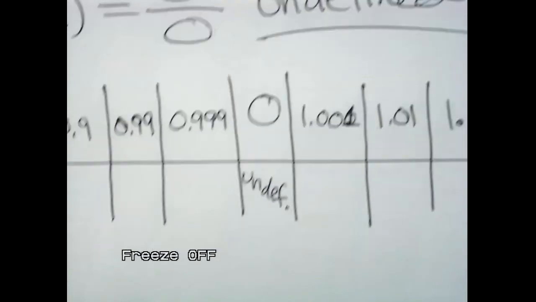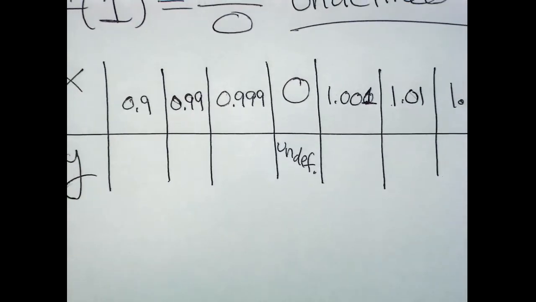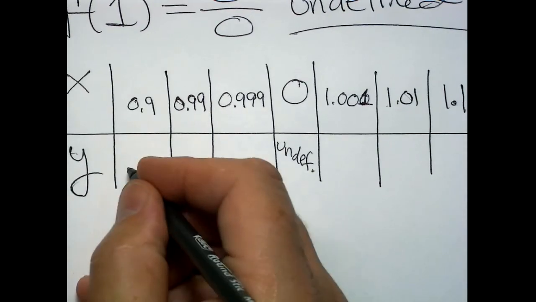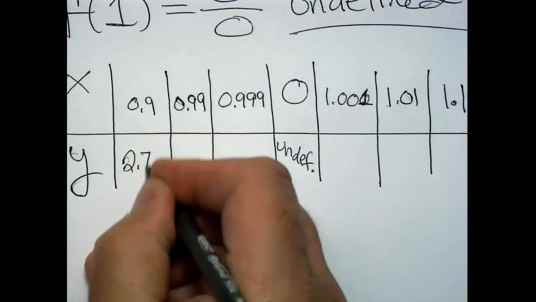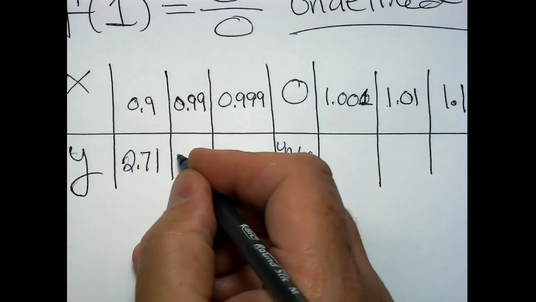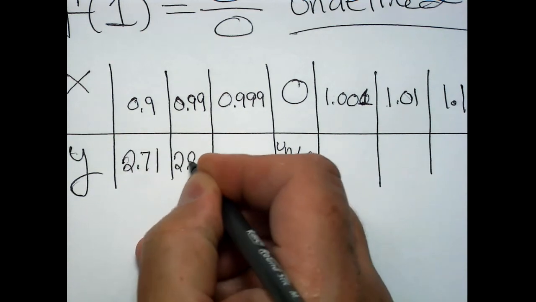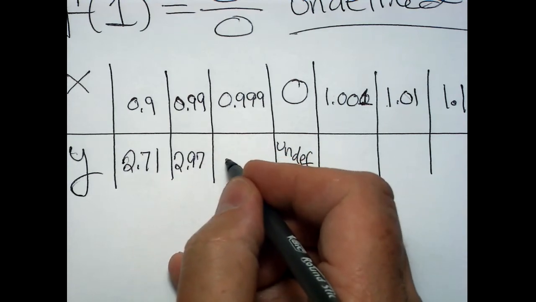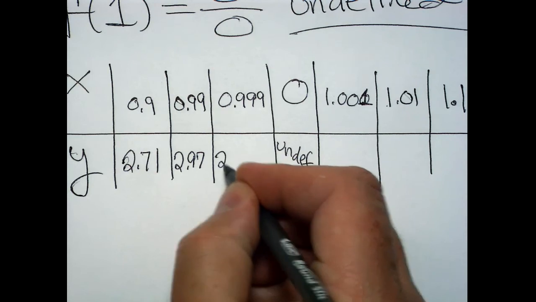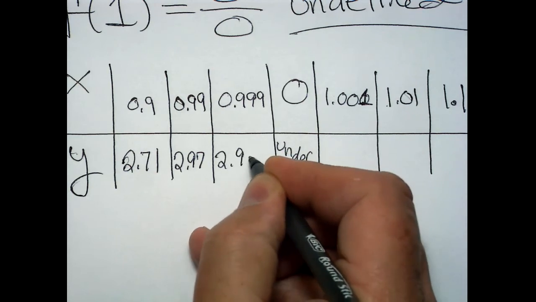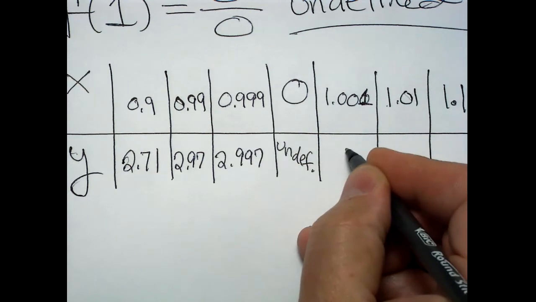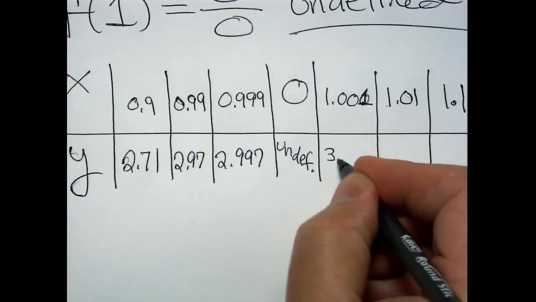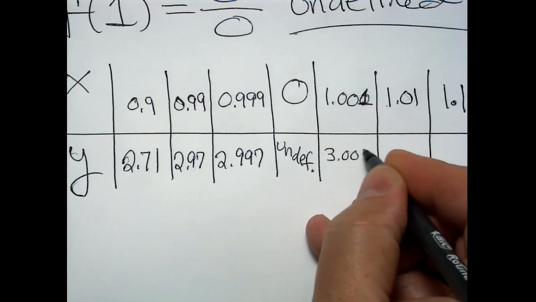So at 0.9, the calculator computed 2.71. At 0.99, the calculator computed 2.97. At 0.999, the function behaved and calculated 2.997. Now let's go over here to 1.001. My function gave me back a 3.003.